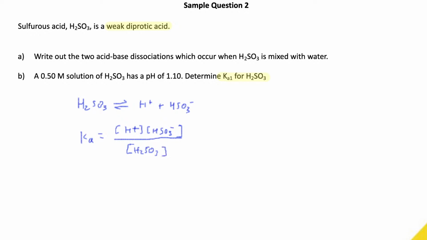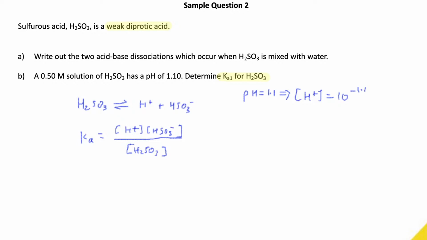Now, if the pH is 1.1, that means my concentration of H plus is 10 to the negative 1.1. I can go ahead and use that in my calculation.